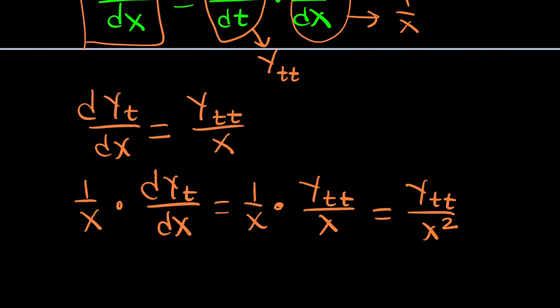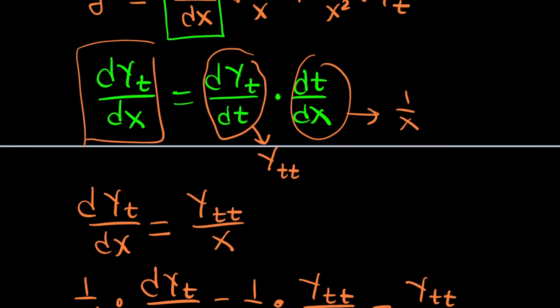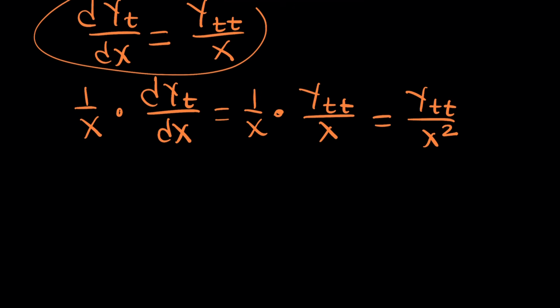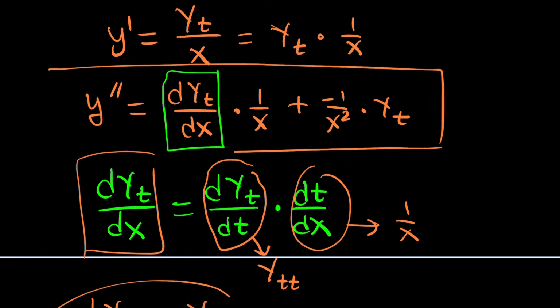Now, what is the derivative of 1 over x? Obviously, it is negative 1 over x squared. Now, if you take a look at this equation, d of big Y of t over dx equals big Y of tt multiplied by 1 over x, which is this one actually. We can from here write the second derivative, because remember, this is what we have right now.